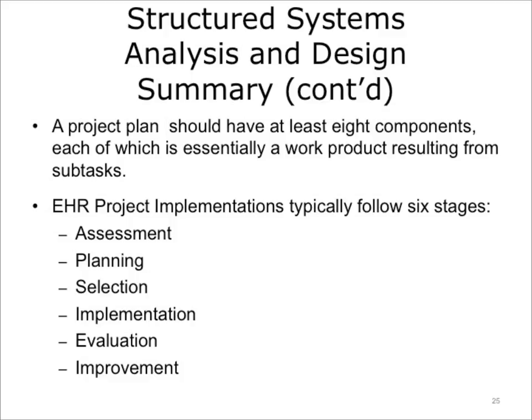EHR project implementations follow similar patterns as many other projects, including 6 typical stages: assessment, planning, selection, implementation, evaluation, improvement. Special considerations such as limited staffing and financial resources should be considered when developing EHR project plans for smaller practices.